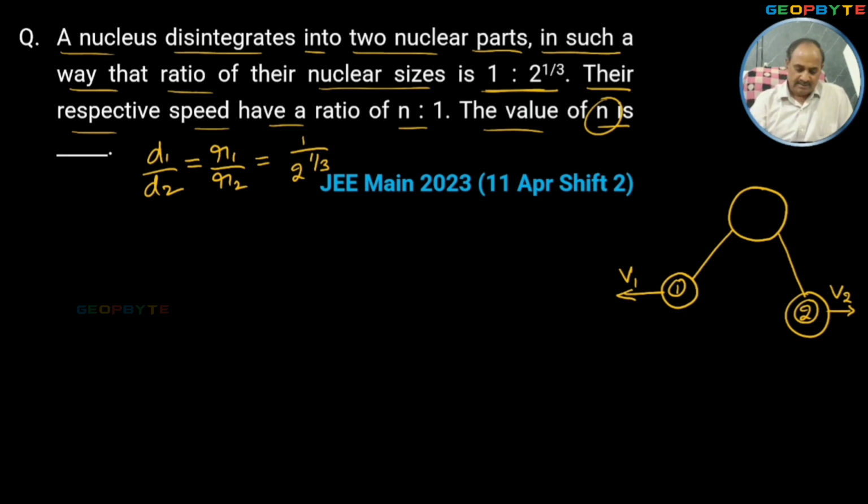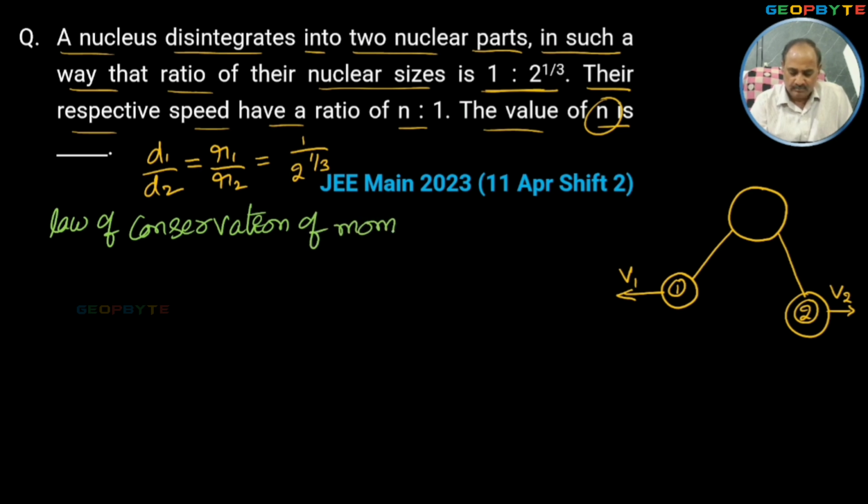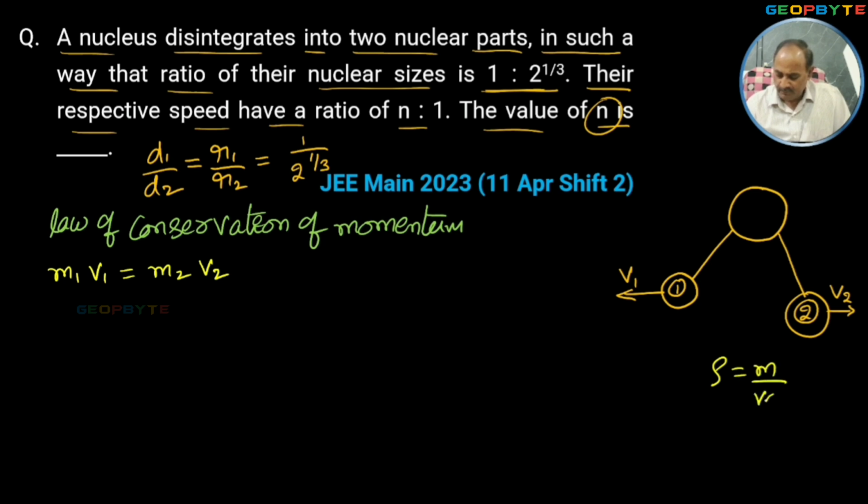For that, let us connect the law of conservation of momentum principle. Applying law of conservation of momentum, you know, here m1 v1 must be equal to m2 v2, but density rho equal to mass by volume.